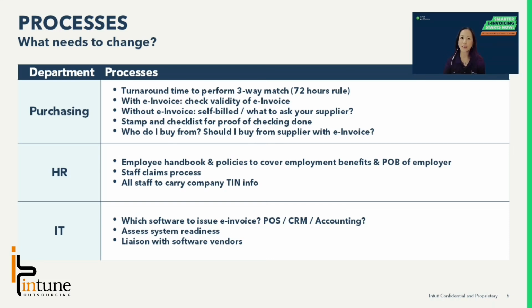There should be some evidence, it could be in the form of a stamp or the approval workflow, etc. And even more importantly, with the e-invoice mandate coming, it's an opportunity to review who you are buying from. Should you continue to buy from suppliers who don't have e-invoice? This will affect operational and procurement policies, etc.